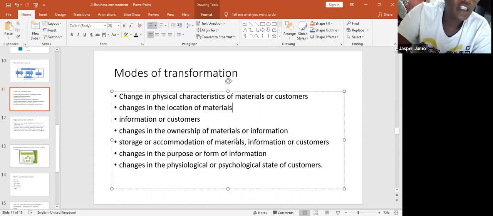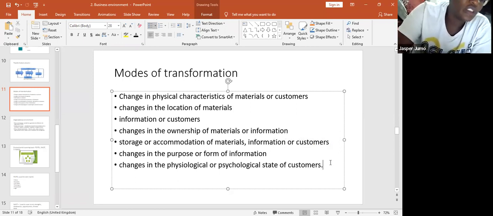Storage or accommodation. Yes, you can run a business by having a storage place or accommodating some materials, having warehouses, and so on. Changing the purpose or form of information. Like I said, these are the information technology people.